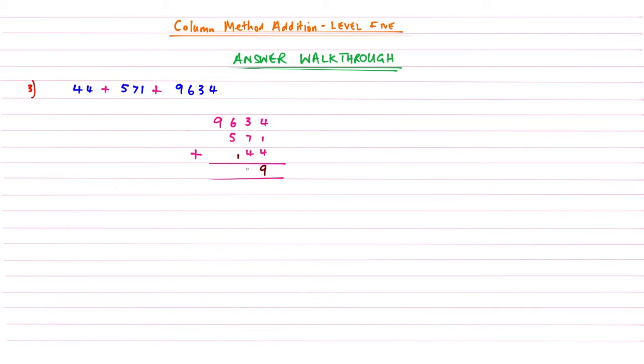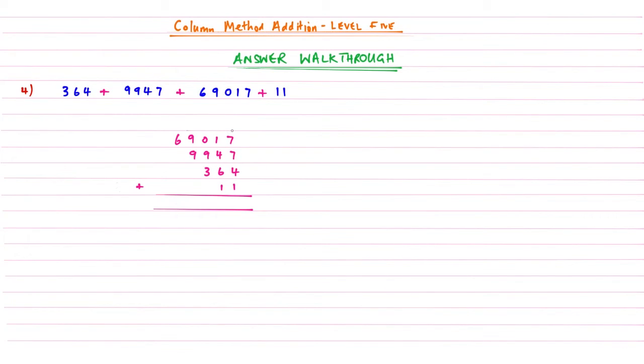Add the 4 gives me a 14. So I'll carry the 1 and then write the 4 underneath the tens column there. 6 add 5 is 11. Add the 1 there gives me an answer of 12. Making sure to write that little 1 under the thousands column. And then 9 add 1 gives me an answer of 10. So the answer to question number 3 is 10,249.